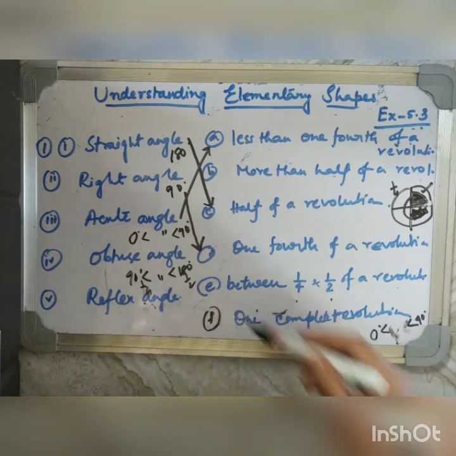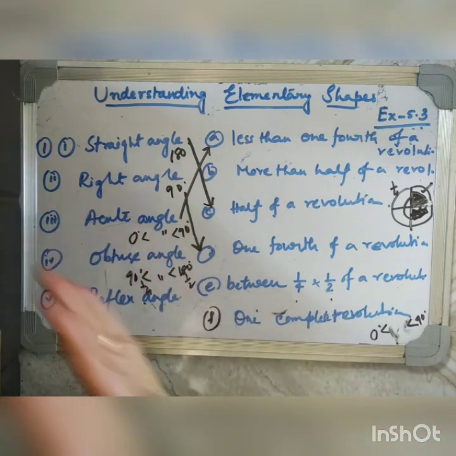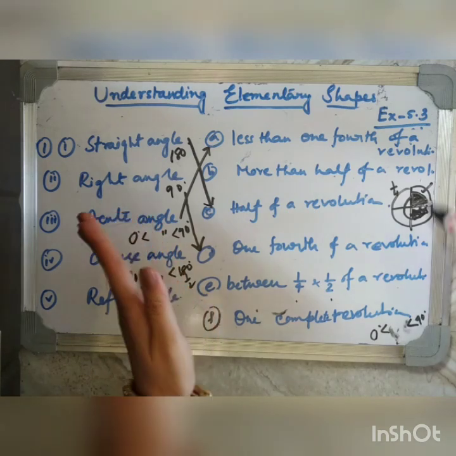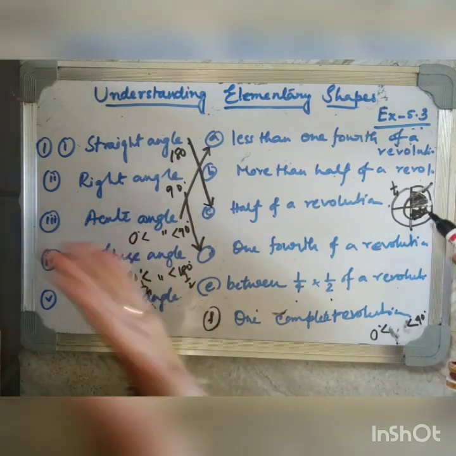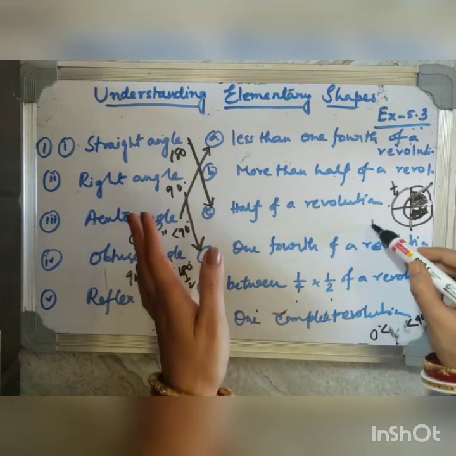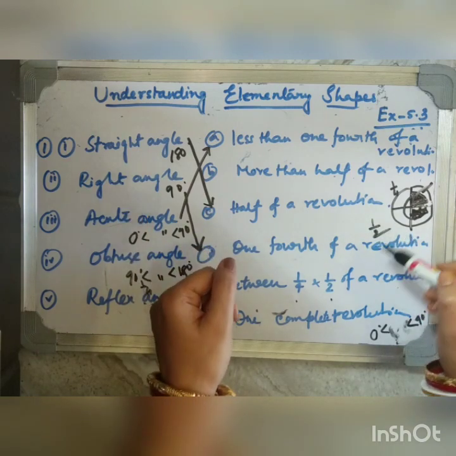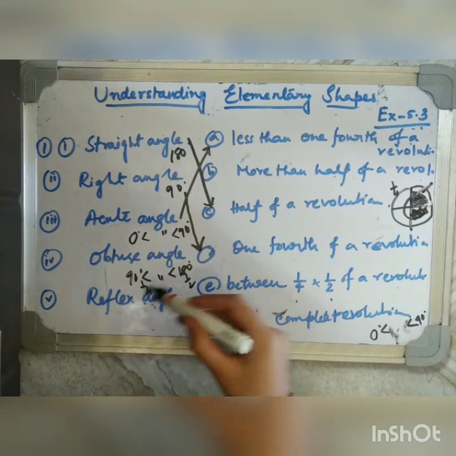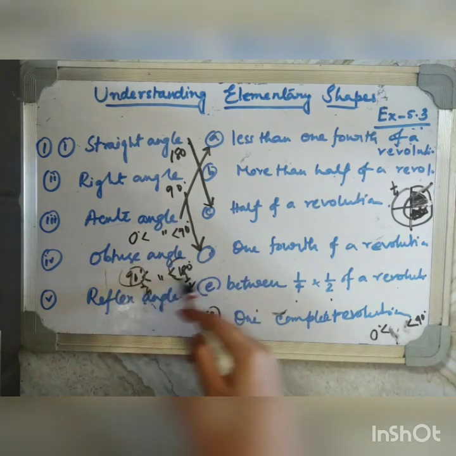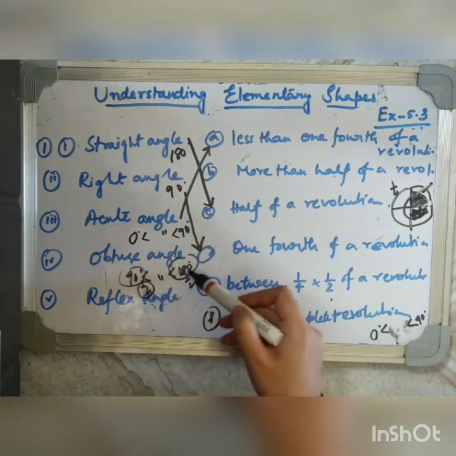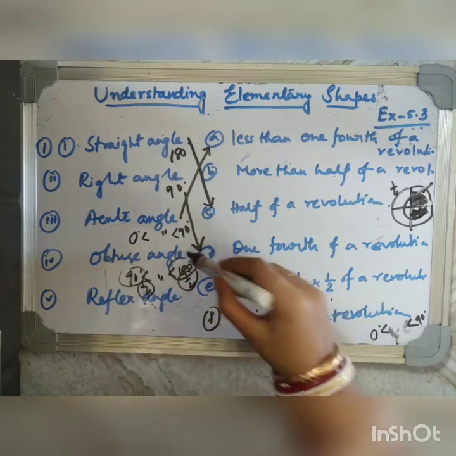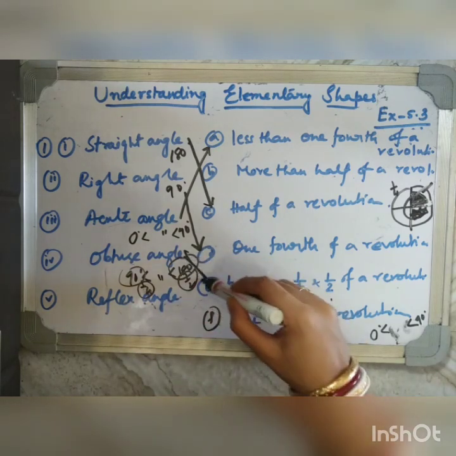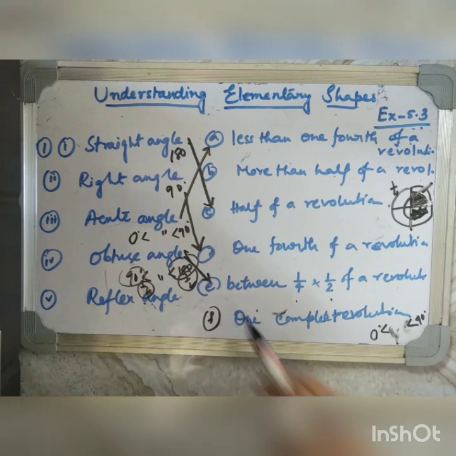First you need to understand that 90 degree means 1/4 of the revolution, this much only. 180 degree means half of the revolution. Okay, so we can easily understand that obtuse angle is lying between 90 degree and 180 degree, means 1/4 of the revolution and half of the revolution. So obtuse angle means this option will be matched with option E of the second column.